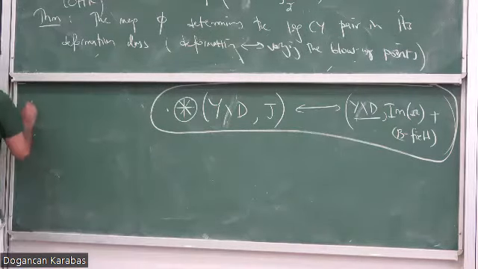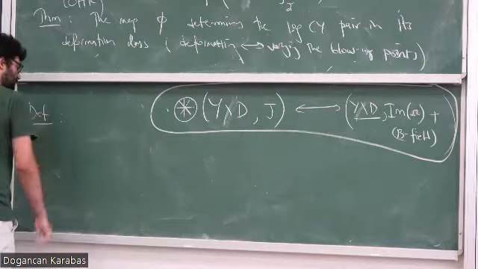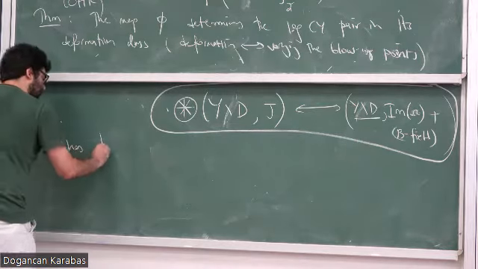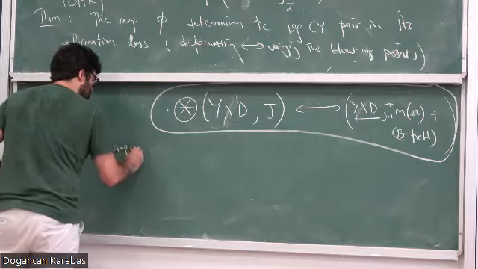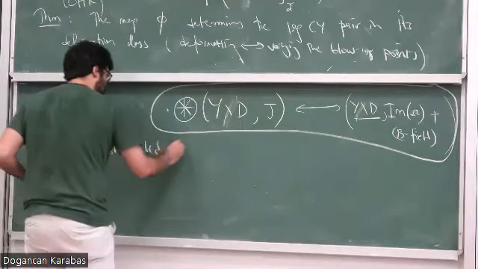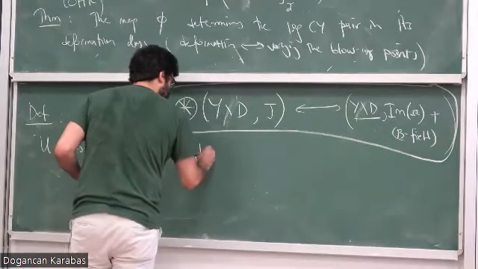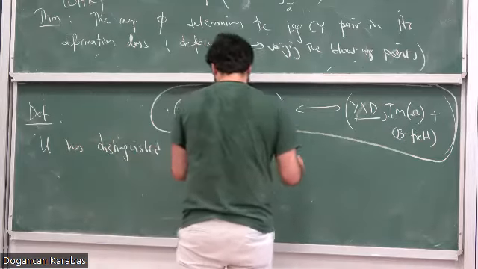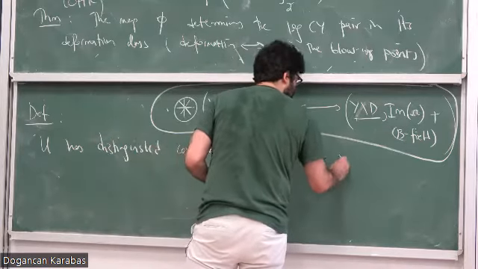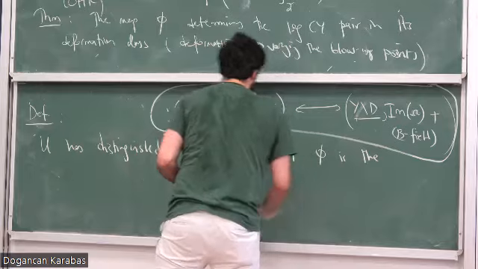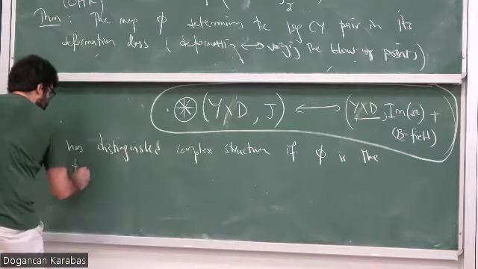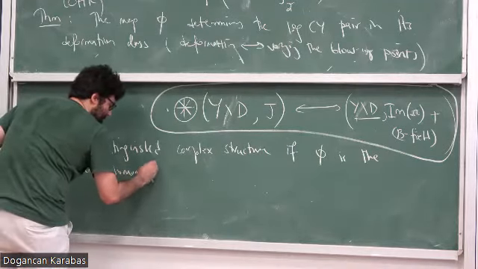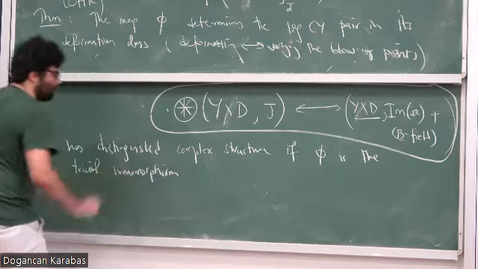Let's keep that statement there for a moment. So, definition. U has a distinguished complex structure if phi is the trivial homomorphism.